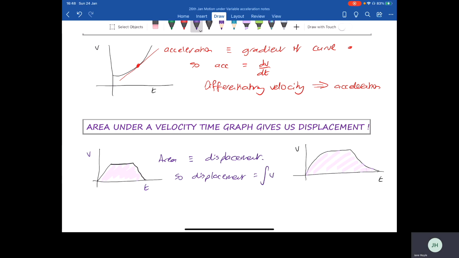And instead of integrating with respect to x, we integrate with respect to t. So thinking of that, writing that in words, if we integrate the velocity, that gets us a displacement.